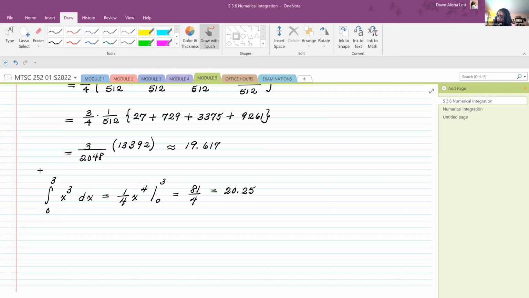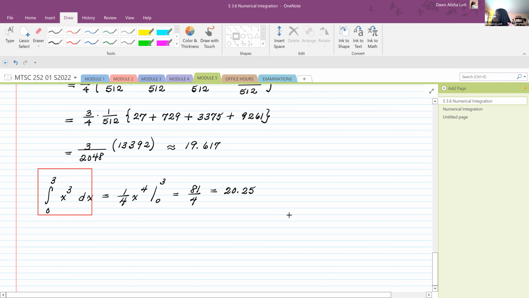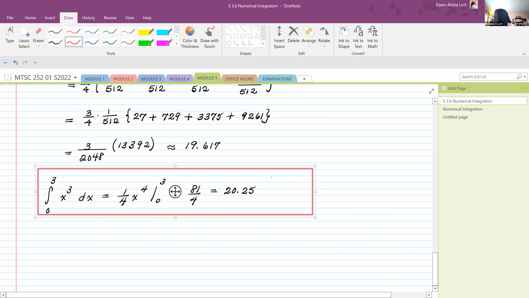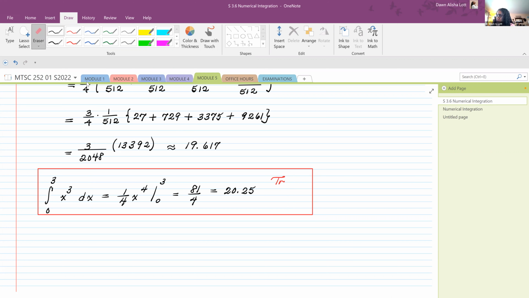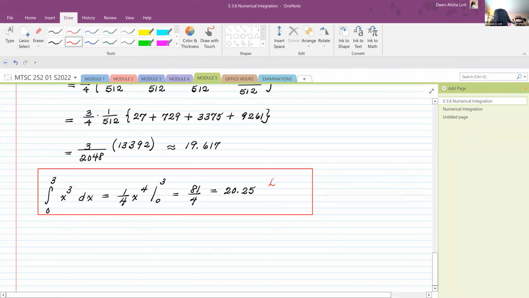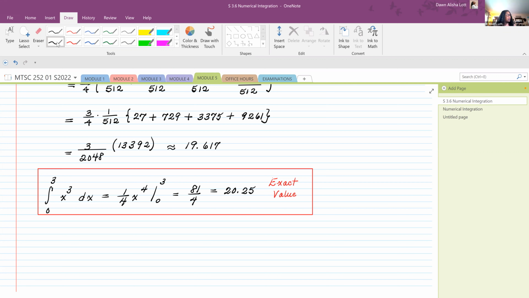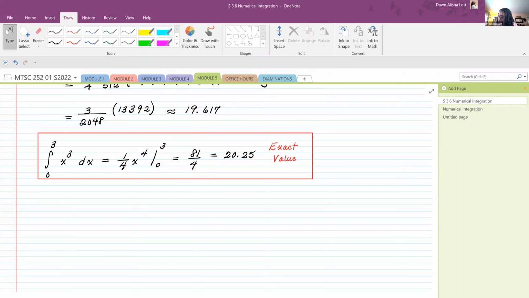All right, I'm going to put this in a nice red block. So this is the exact value. Okay, so that's the exact answer. Now we can actually compute the error in this answer. The error, what we're going to call EM.